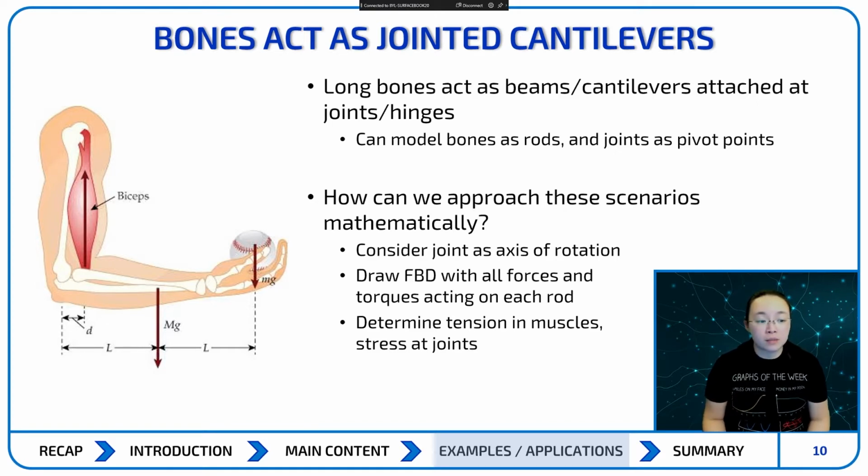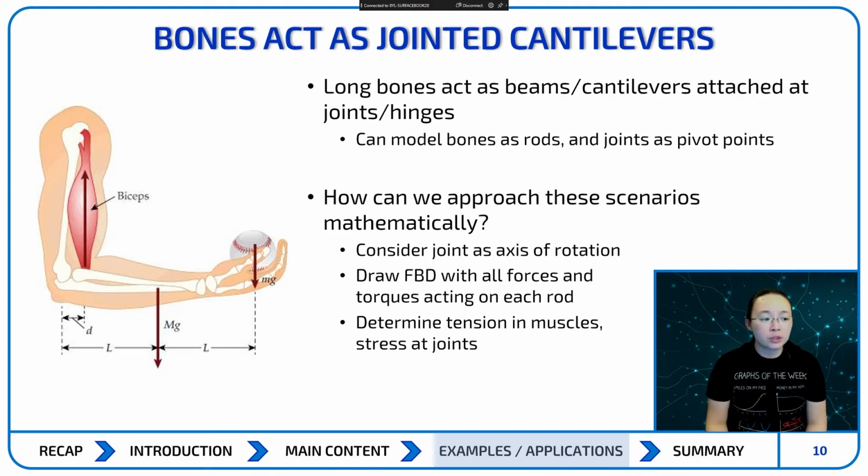So the take-home message from this is that your bones, especially your long bones like your arm, can be considered beams or cantilevers, and they're attached at the joints, or specifically hinges. So you can move the two beams with respect to each other based on the joint that they're connected by.